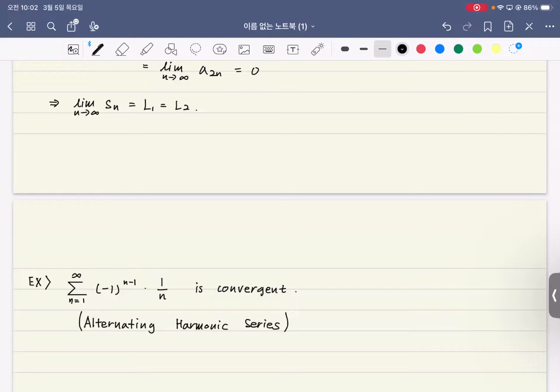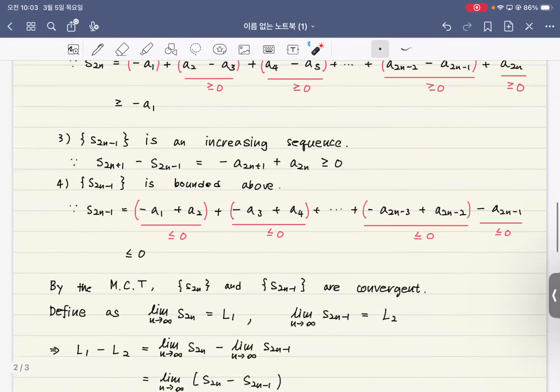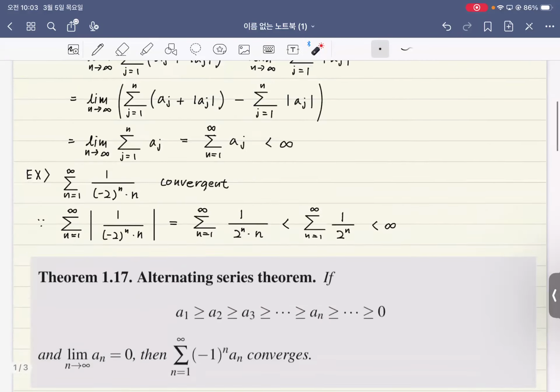But if you take the absolute values of the sequence, then suddenly this guy is just a harmonic series. And harmonic series is very well known to be divergent, right? So this example can be regarded as a counterexample showing why the converse of this theorem is not true, right?